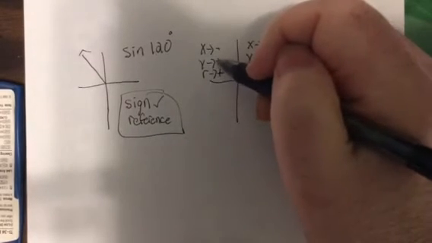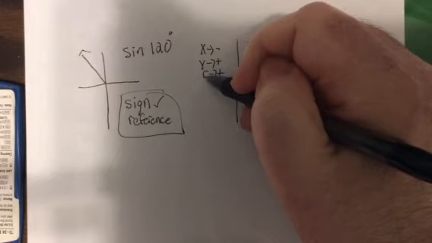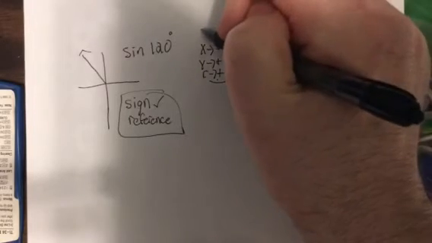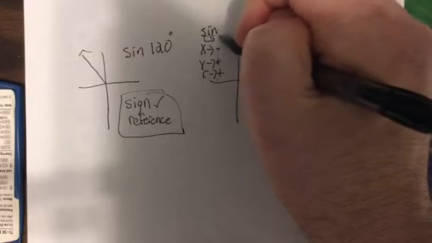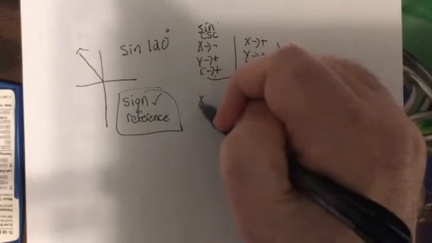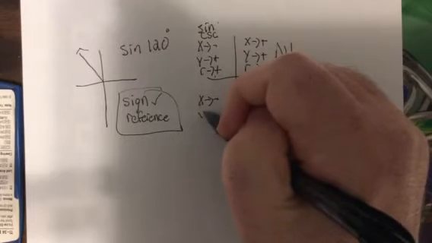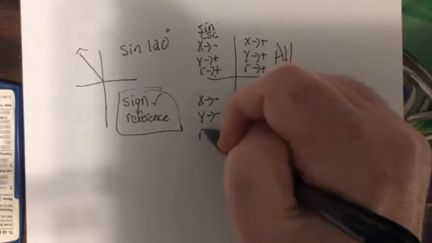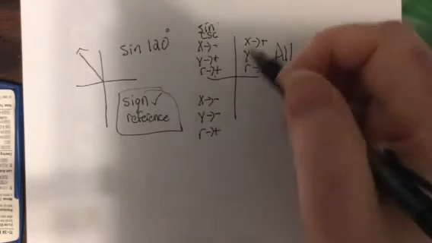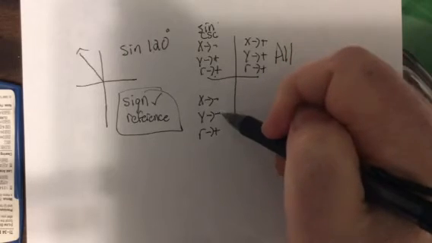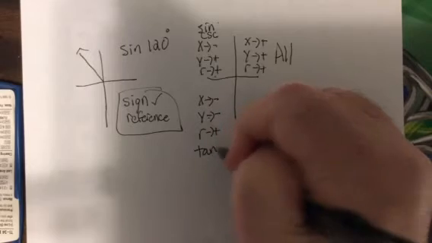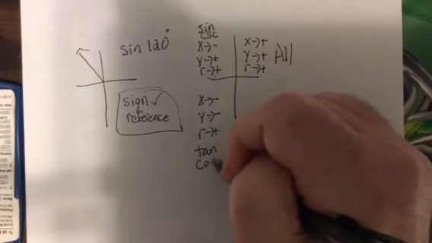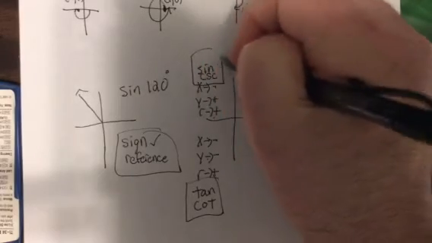The ones that have y and r, because they're both positive, which is sine and cosecant, the reciprocal. In the third quadrant, x is negative, y is negative, and r is positive. So what's positive? Anything that has x and y, which is tangent and cotangent. The other four would be negative.